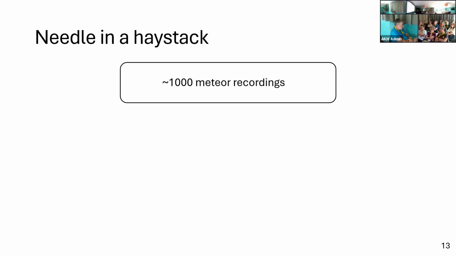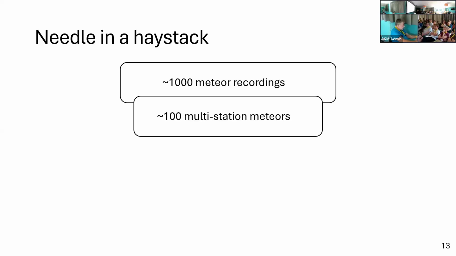We started with more than 1,000 meteor recordings. Juraj has seen them all. Simply by eye, he judged whether the meteor appears to come from the direction of the Eta Virginid radiant. And this way, he found around 100 multi-station meteors that are possibly coming from the radiant of Eta Virginids.